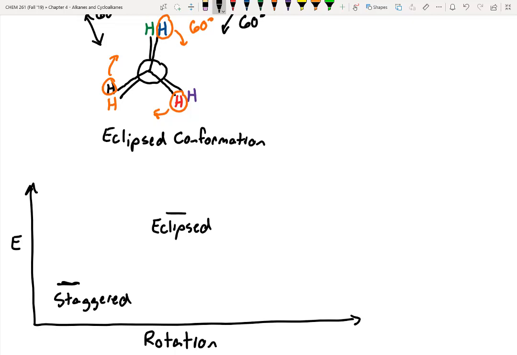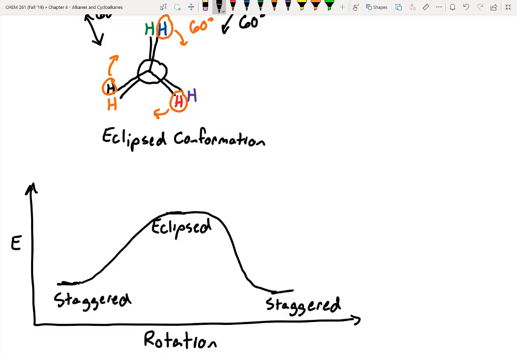So maybe we go up in energy to our eclipsed conformation, and then we go back down to staggered conformation. Does that make sense? So we're going into a higher potential energy surface when we are forcing ourselves to go through that eclipsed conformation, but it'll quickly fall back down into that staggered conformation because it's more stable.